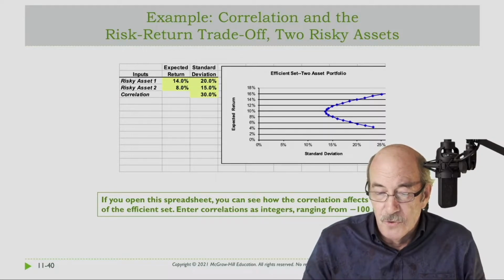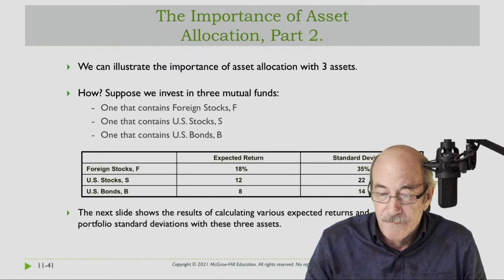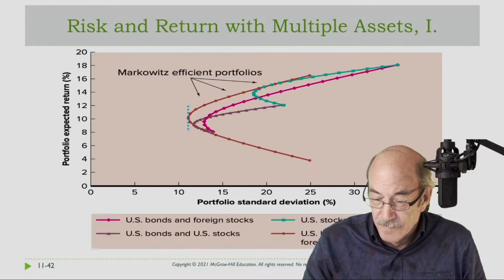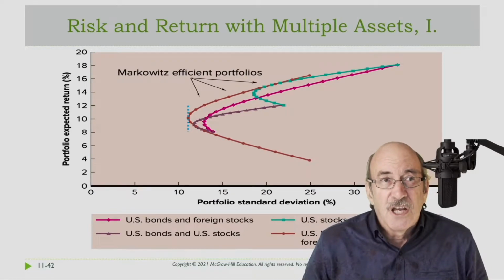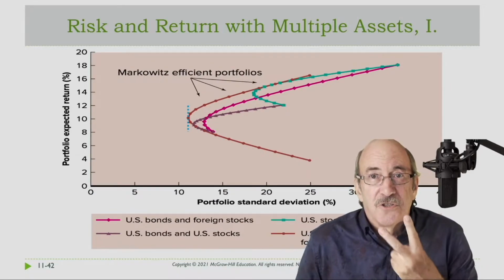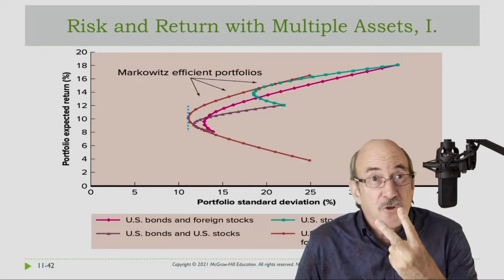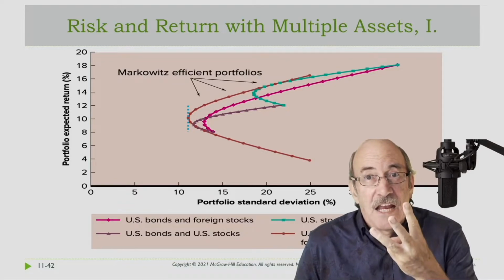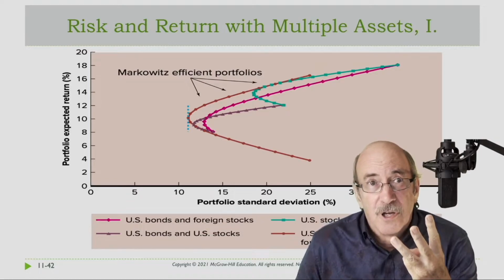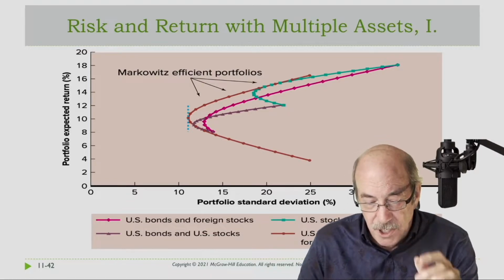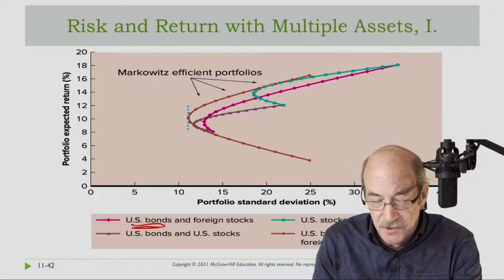This just gives you that opportunity to play around with this in a live spreadsheet. And this last bit here, here's how we might combine not just 2 assets or 2 portfolios, but let's add a 3rd portfolio to this whole thing. So here we have U.S. bonds, foreign stocks, and U.S. stocks.